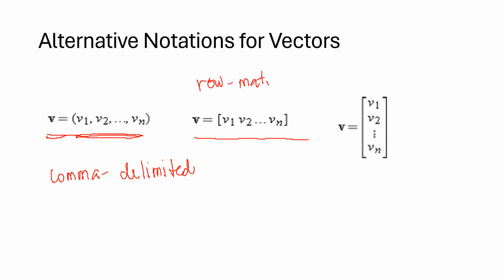And this one is called column matrix form. The choice of notation is often a matter of taste or convenience, but sometimes the nature of the problem will suggest a preferred notation. The three notations presented in this slide will all be used in various places in our next discussion.